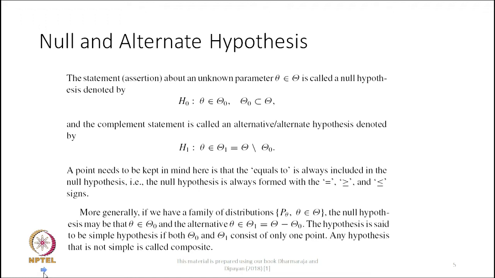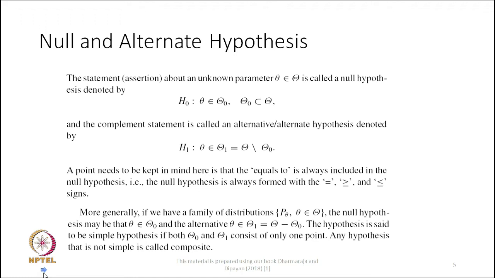So, based on the possible values of the unknown parameter of the corresponding population distribution, both may be simple statements, one may be simple and the other composite, or the null hypothesis may be composite and the alternative simple, because the alternate hypothesis is a negation or complement of the null hypothesis. It purely depends on the possible values of the unknown parameters of the population distribution, that is all.